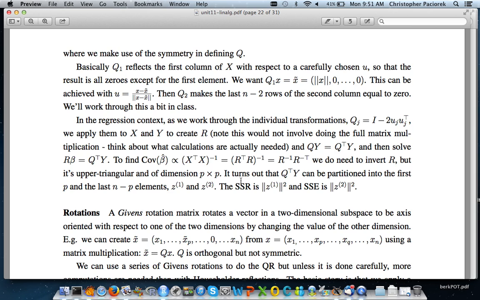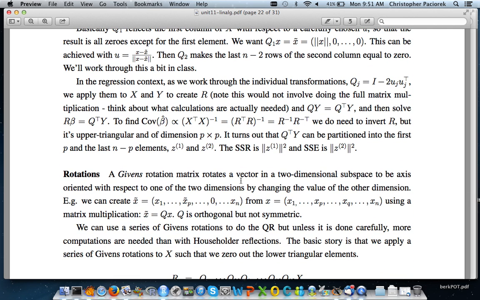Okay, so the second approach that sometimes gets used is called the Givens rotation approach to getting the QR. It's somewhat similar in the idea that we're manipulating the columns of this matrix X to zero out pieces of that matrix and get to the R matrix.